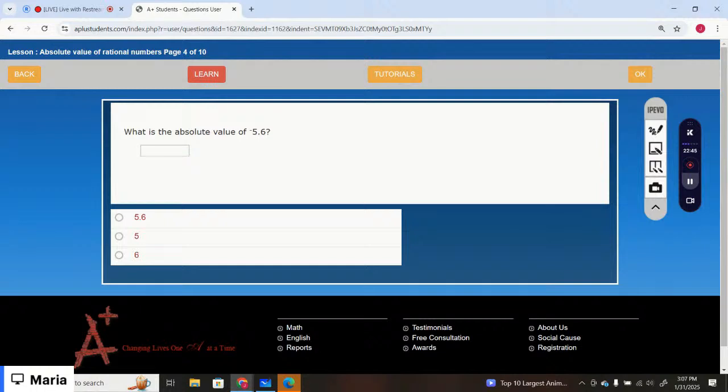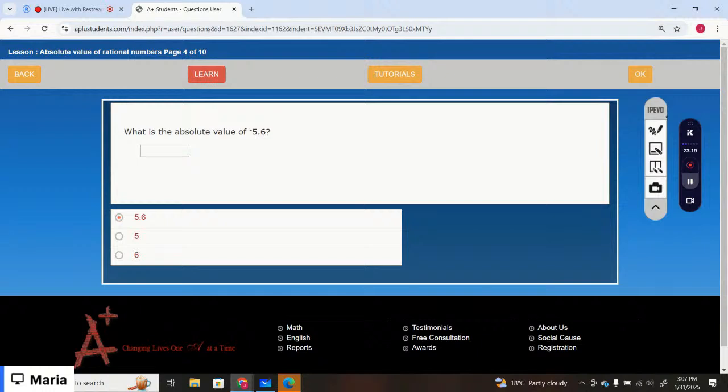What is the absolute value of negative 5.6? So the correct option is that is 5.6.